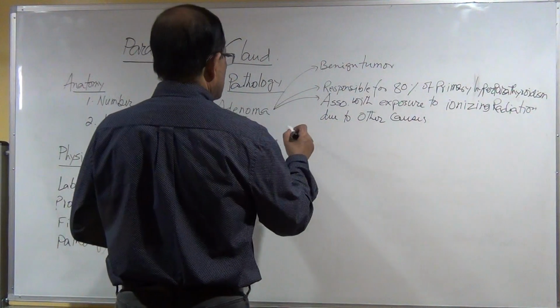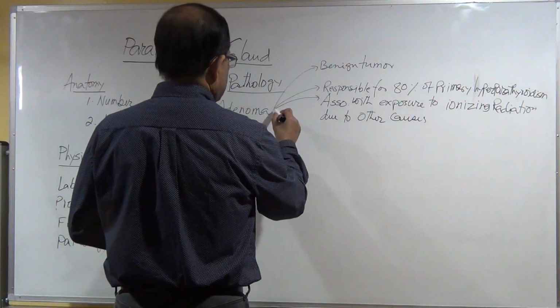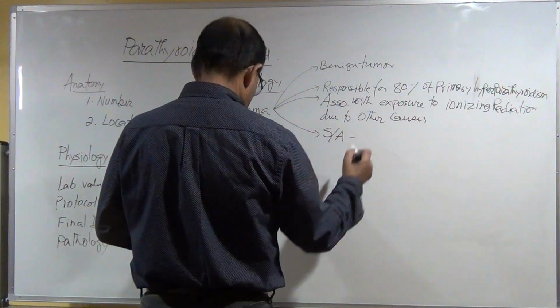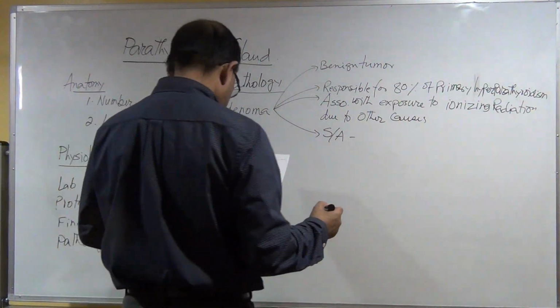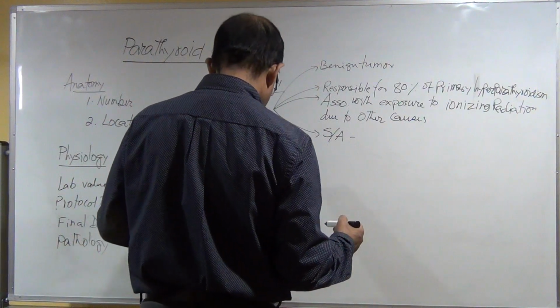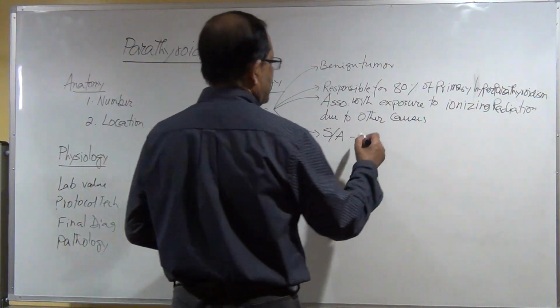And sonographically, what are you going to see in the sono appearance? Most typical is a well circumscribed nodule at the posteromedial border of the thyroid gland.